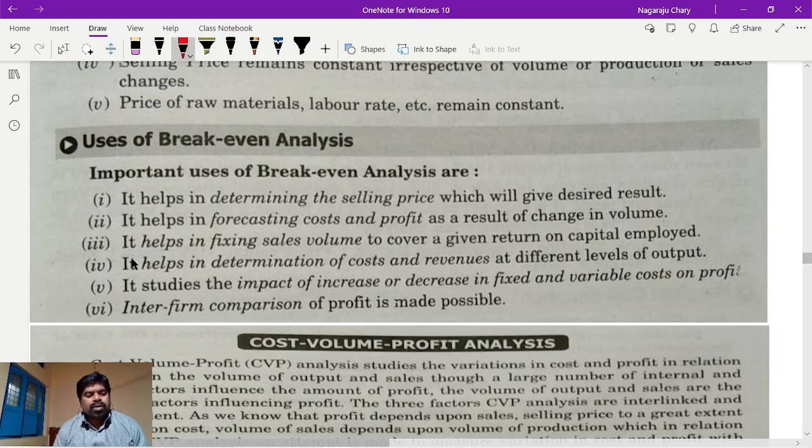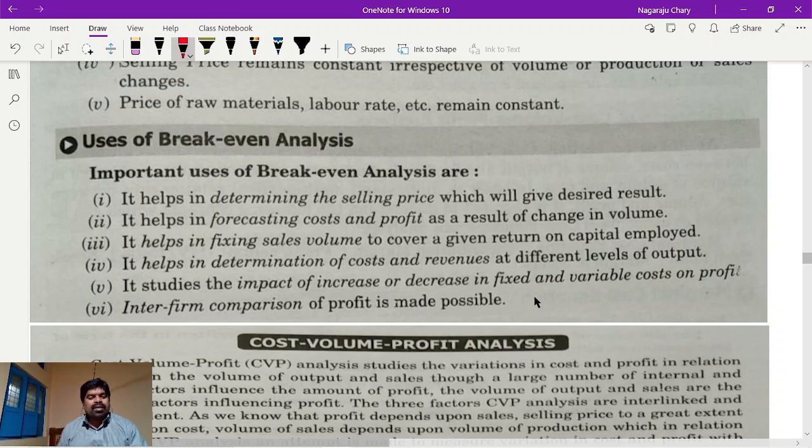And the next point, it helps in forecasting cost and profit as a result of change in volume. It is possible to predict the cost and profit for a given level of change. And the next point, it helps in fixing sales value to cover a given return on capital employed.